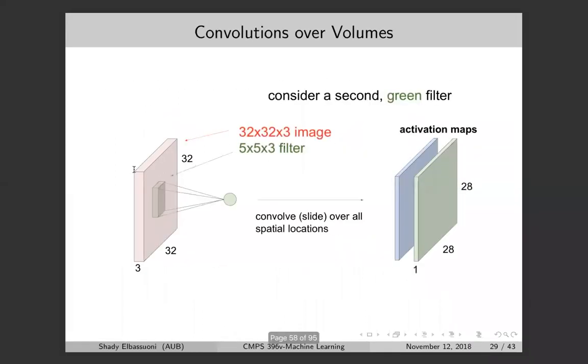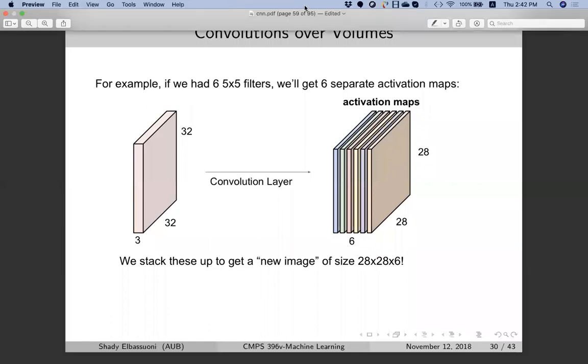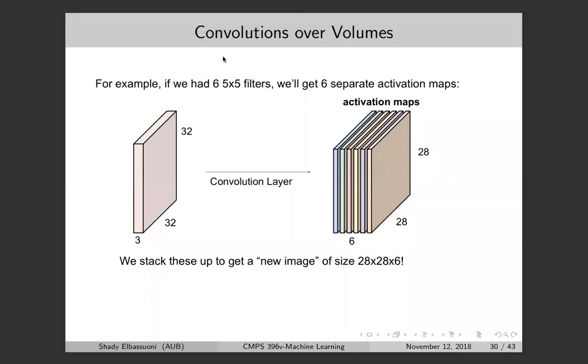The filter goes over the volume, so it's 25 by 3. So it's 6 by 25 by 3, because the input is of depth 3. So it's 6 times 75, not 6 times 25. Got it? Yes. Okay. So 5 by 5 by 3 by 6. Don't forget the 3, which is the depth of the input.